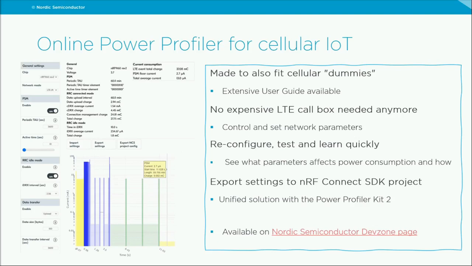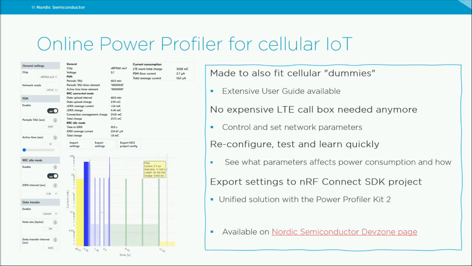We also have an extensive user guide. You don't need an expensive LTE call box to control and set network parameters. You can easily and quickly reconfigure, test, and learn how the LTE network works through this tool, and you can see which parameter has the biggest effect on power consumption and why. You can also export the settings you gather from this tool to the nRF Connect SDK project.